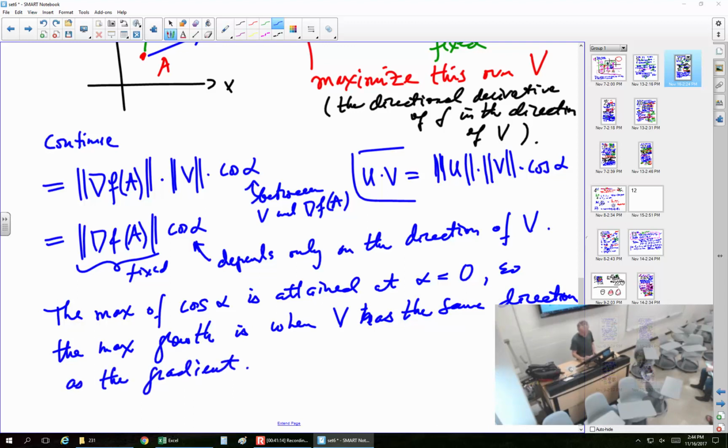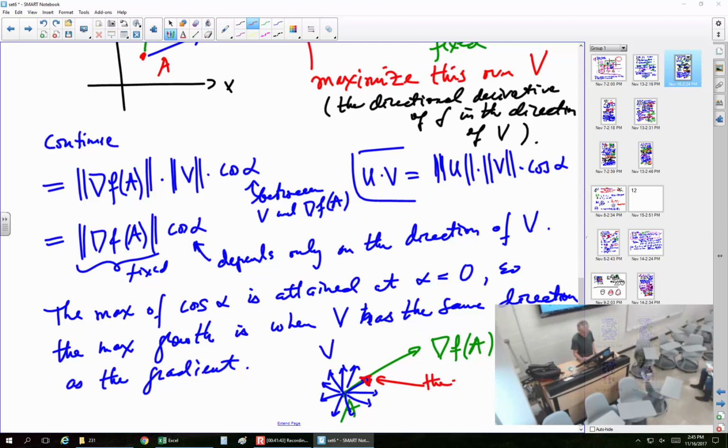Okay, so once again, if this is my gradient, del f at a, and I have a whole circle of directions for v. I checked them all out and tried to maximize that expression, which has been simplified, and we realize that the v that we care about is this one.